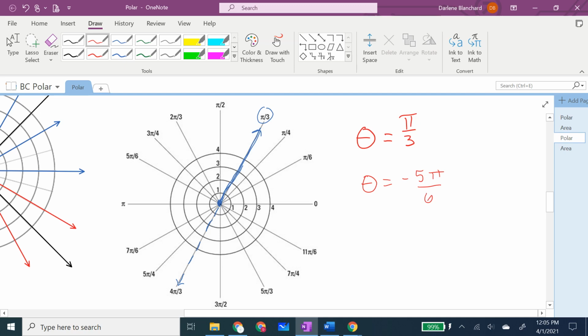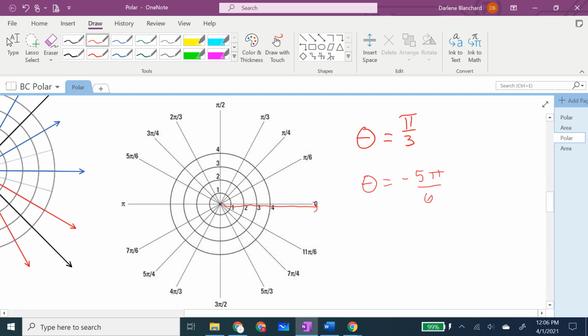Where's that line at? Yep. So what you want to just realize is there's an understood angle 0 at the positive x-axis.